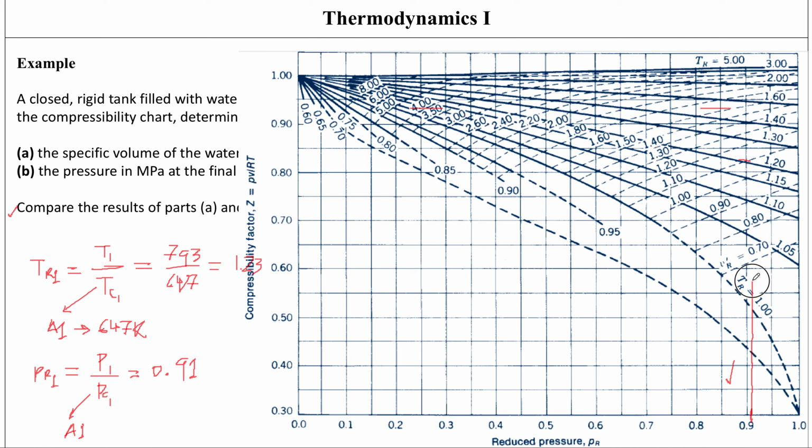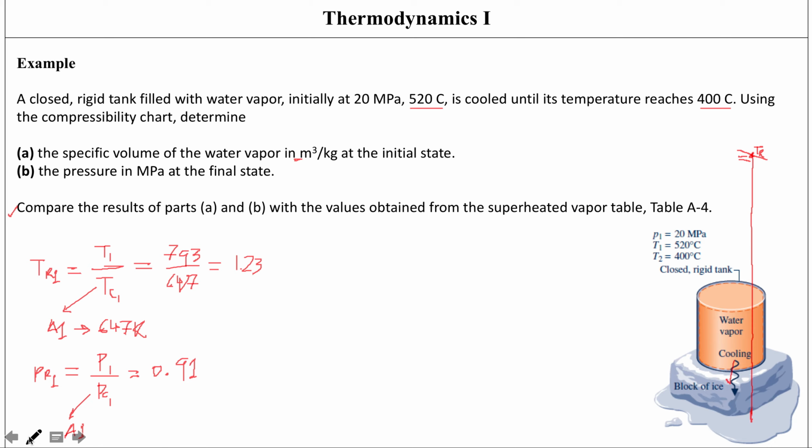Let's hope I do a good job at drawing this vertical. Okay, so this is the point where I've got the curve of TR equals 1.23. And now I'm just going to draw a horizontal from here until here. And this is going to give me the value for the compressibility factor. So let's say 0.83 or something like that. So I've got the compressibility factor, which is 0.83.